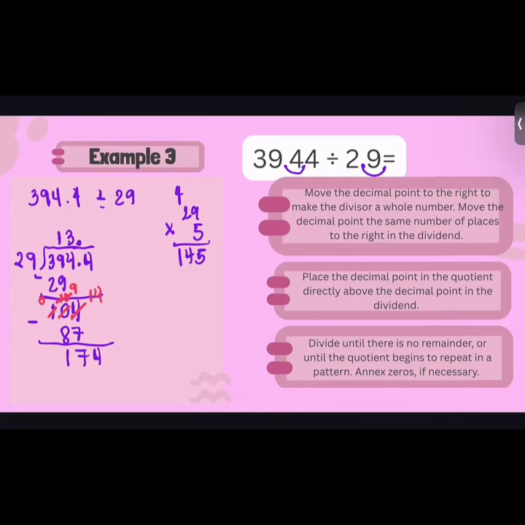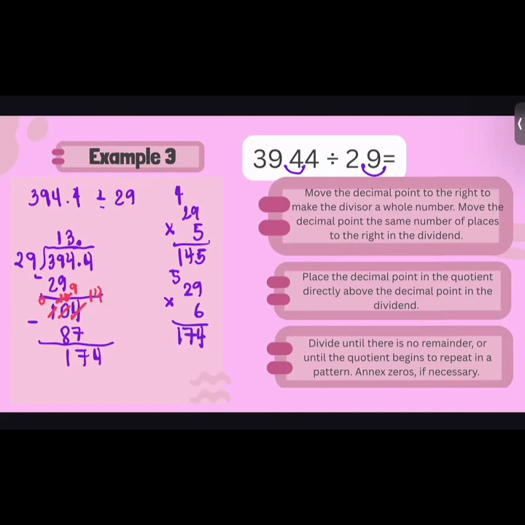Now, let's try si 6. 29 times 6. So, we are going to multiply 6 times 9. It is equal kay 54. So, 4, carry up 5. Next, 6 times 2. It is equal kay 12 plus 5, then it is equal kay 17. So, 174.